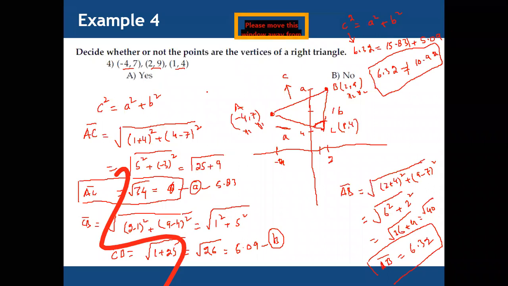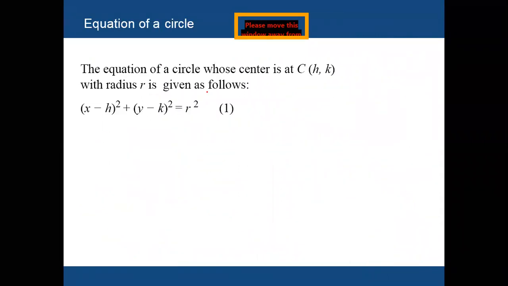Okay, next we discussed, if you remember, the equation of circle. In equation of circle, x minus h whole square plus y minus k whole square equal to r square. This was the equation for circle where x and y are any points on a circle, and h and k are actually the midpoint. Let me draw a circle.